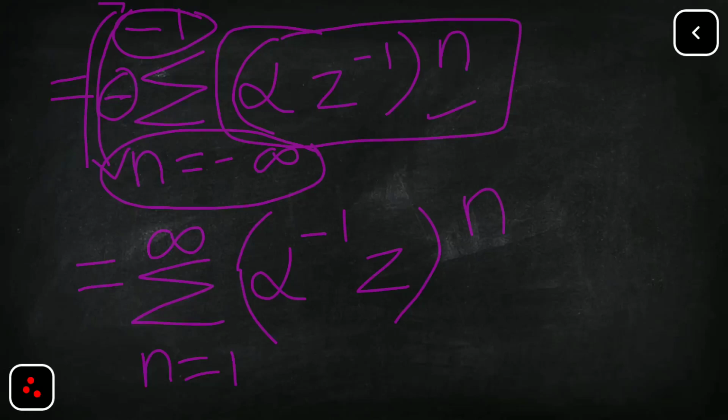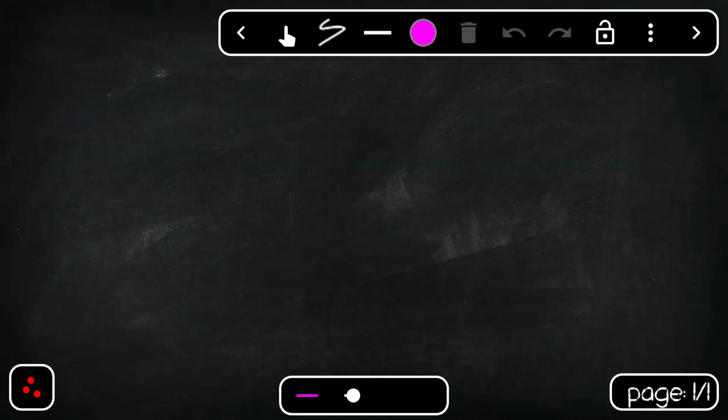Now, many people will do a long procedure. What is that very long procedure? I'll write this again. See here, what did we do? We just shifted the limit. So you got n equal to 1 to infinity, alpha to the power of minus 1.